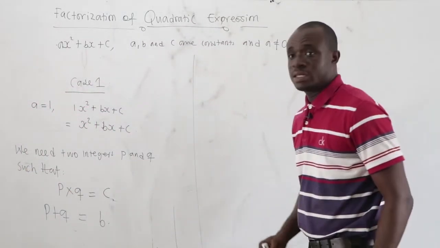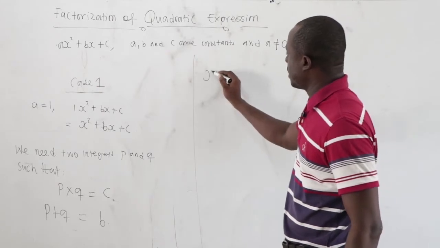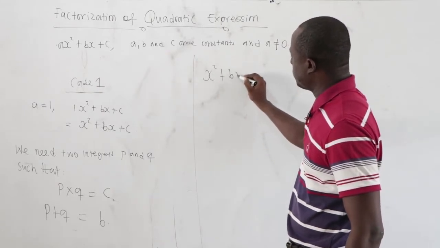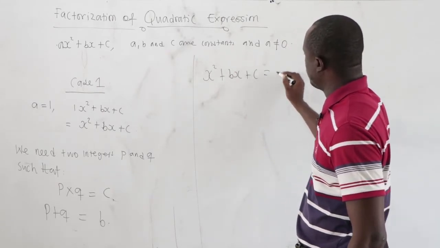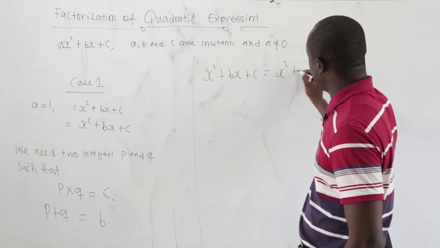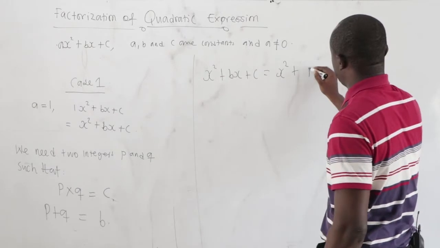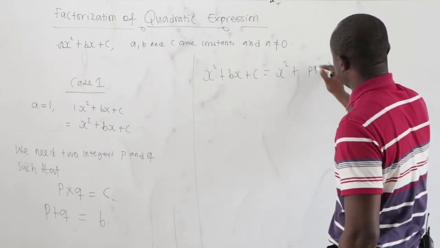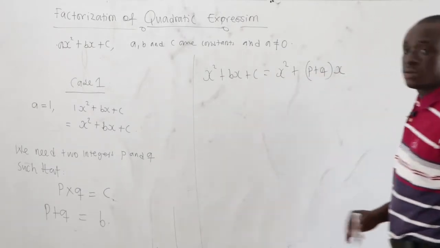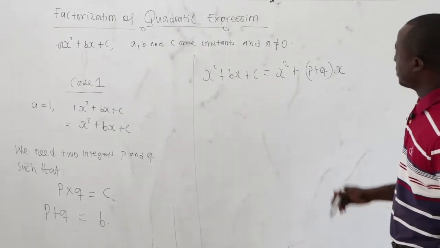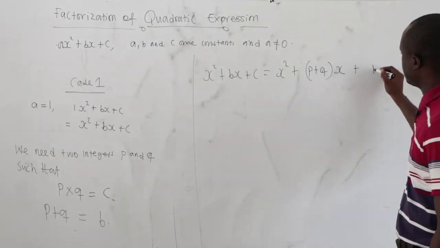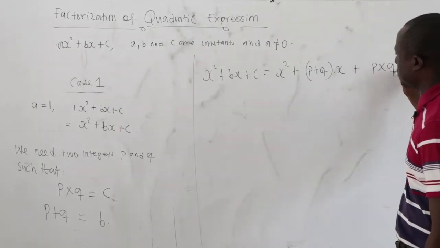Hence, our x squared plus bx plus c will now be what? x squared plus, now what is our b? Our b is p plus q. So we have p plus q, we have x over here, and then plus our c. Now what is our c? Our c is p times q.